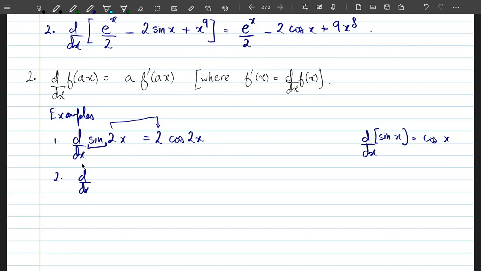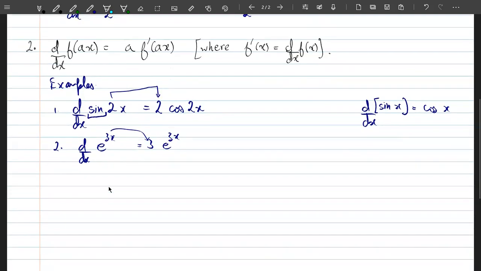Take another example without that much explanation. If you have e to the 3x, this is going to pop out the constant, so that gives you 3. And then differentiation of e power x is e power x itself. So differentiation of e power 3x will have e power 3x with a 3 in it. See another.